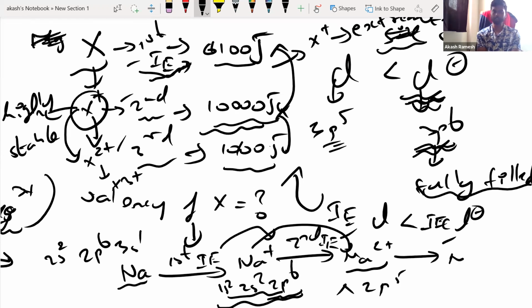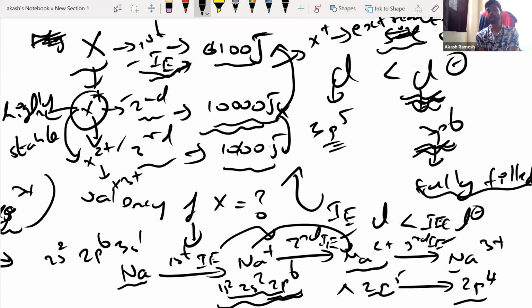If I have to go from Na2 plus to Na3 plus, now this is a normal process. It is going to become 2p4. This is again unstable to unstable only. Because of the nuclear charge increasing, I will have to supply higher energy, but the jump will not be that much. Now you can correlate this with what I told. Here it is 100 because it is unstable, the first ionization energy.